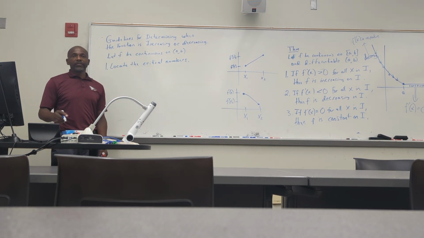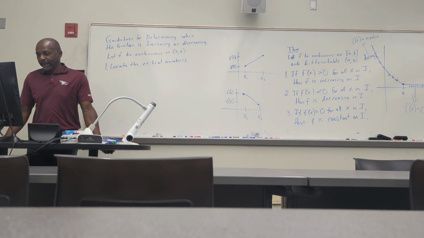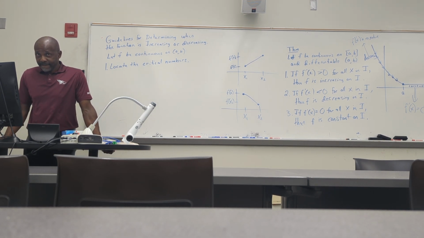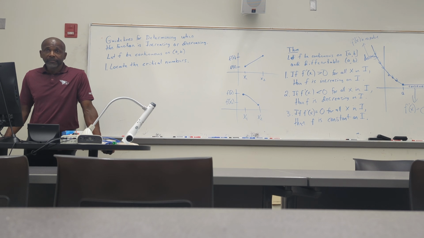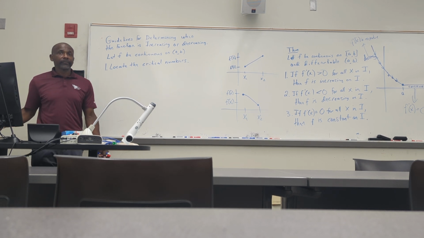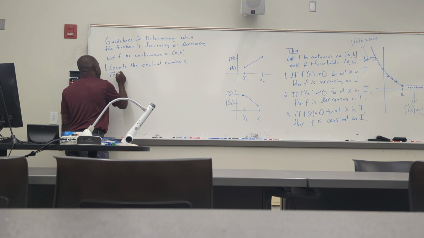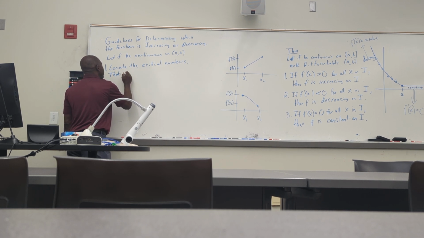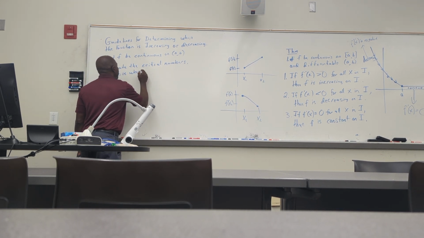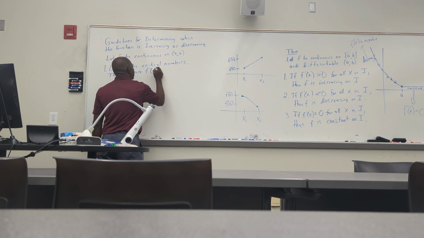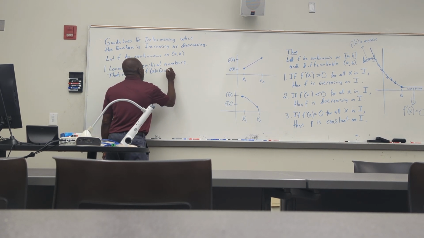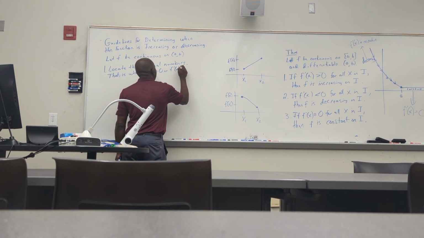How do you find the critical numbers? What do you do with the derivative? Set it to 0. So that is where f prime of x is equal to 0 or f prime of x is undefined.